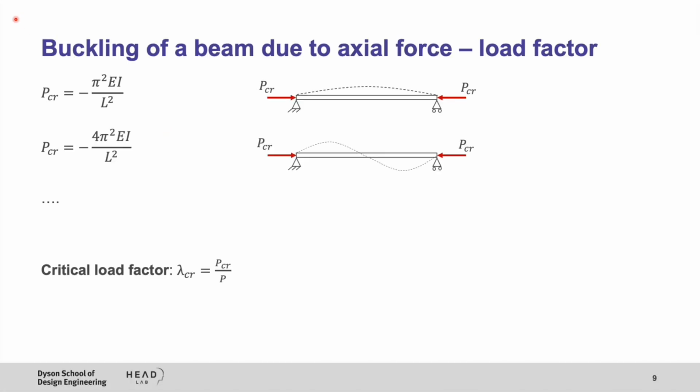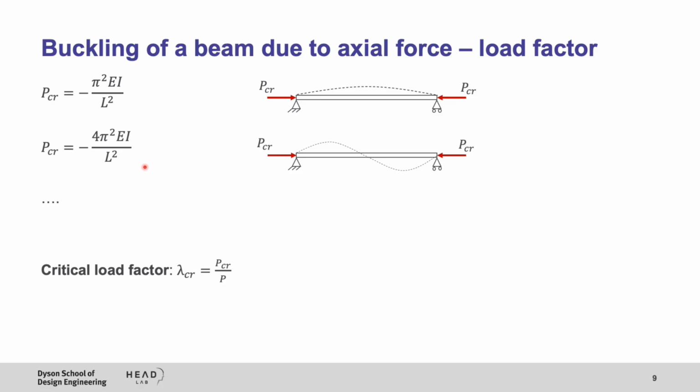We show that critical load can be defined by this equation. We can show as well that the shape of the beam at buckling would be like this. This is like a half sine shape. We can also show that there are other solutions that would give us the same conditions that I was explaining, where the net stiffness is 0.